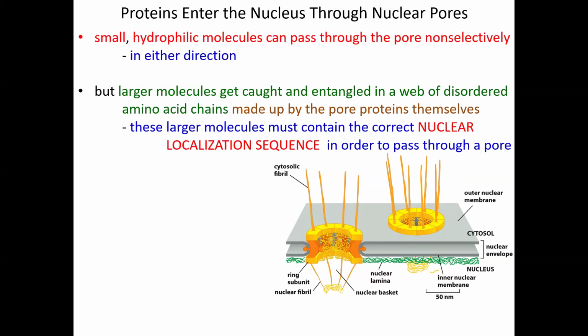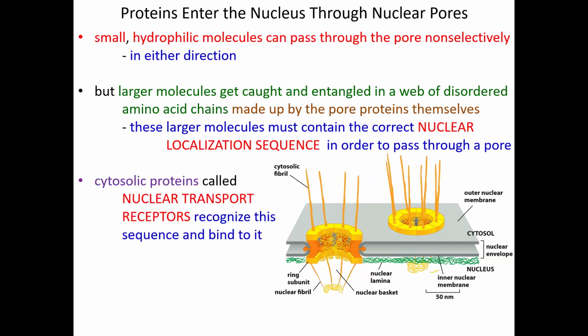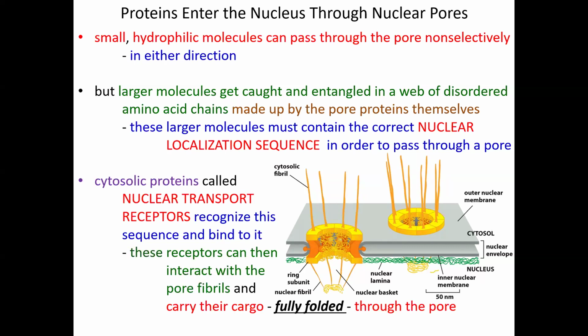If a protein has a nuclear localization sequence, then that nuclear localization sequence is going to be bound by another protein, a protein that's typically in the cytoplasm, cytosol, called a nuclear transport receptor. So a nuclear transport receptor is its own tertiary folded protein that recognizes and binds to the nuclear localization sequence on a second protein. And then the NTR, the nuclear transport receptor, acts as an escort.